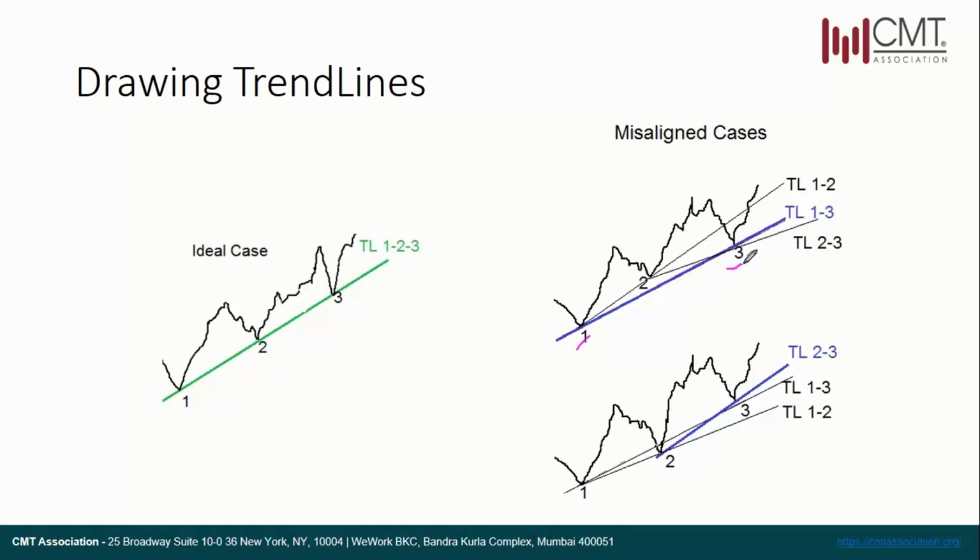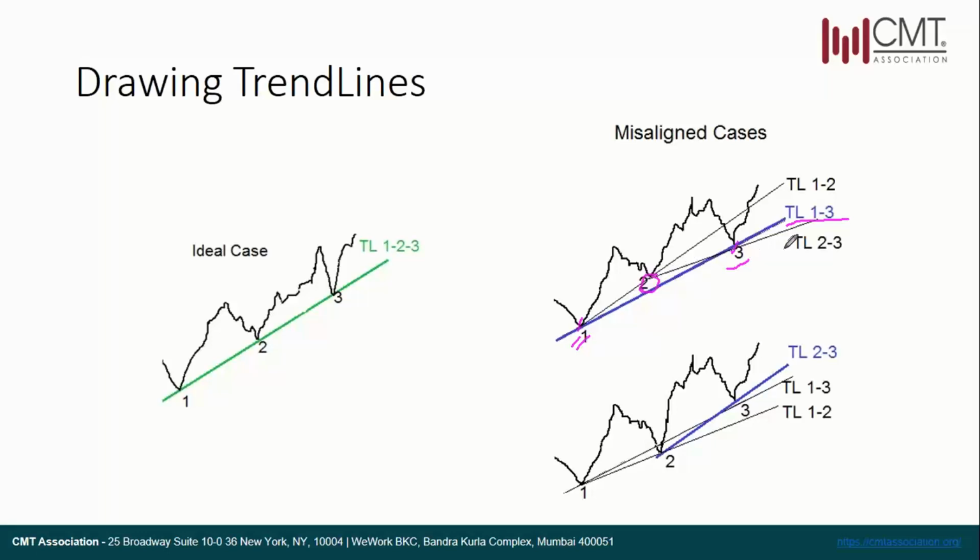So in this particular case, compared to the trend line 2 and 3, I am taking 3 points: 1, 2, and 3. Point number 2 is also taken care of, although there is a slight gap between the trend line and the price point. But that's okay, because as long as it remains above it, we can consider this to be a valid trend line.